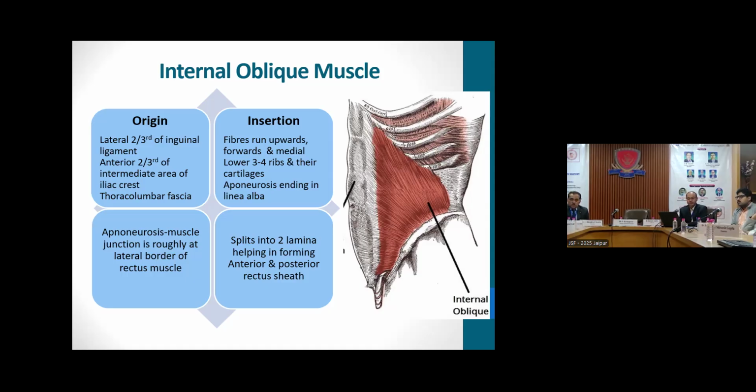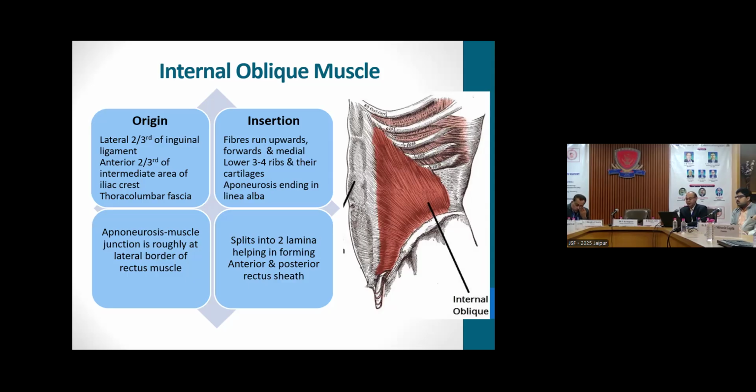The origin is also from the anterior 2/3 of the intermediate area of the iliac crest and from the thoracolumbar fascia. The fibers run upwards and are inserted into the lower 3 or 4 ribs and their cartilages. And again, it forms an aponeurosis, almost at the lateral border of the rectus muscle.